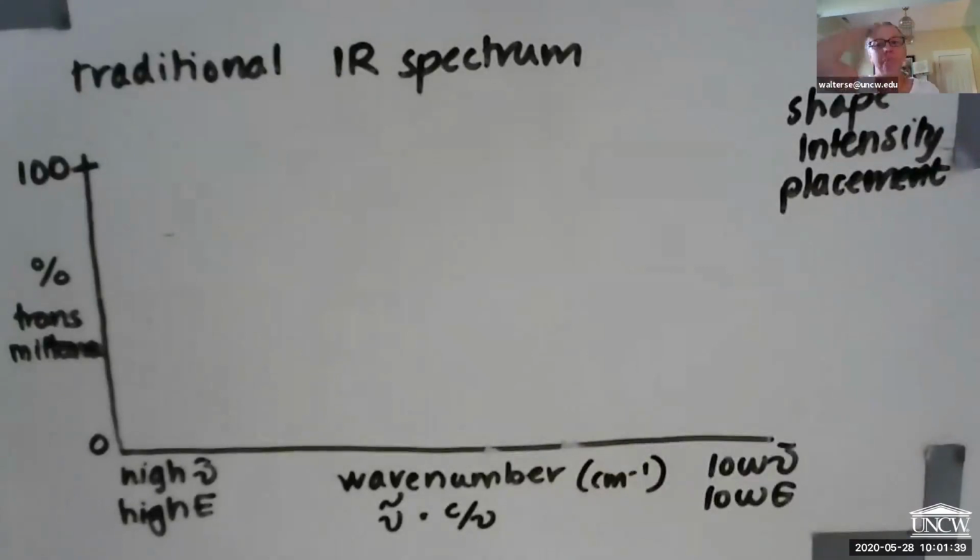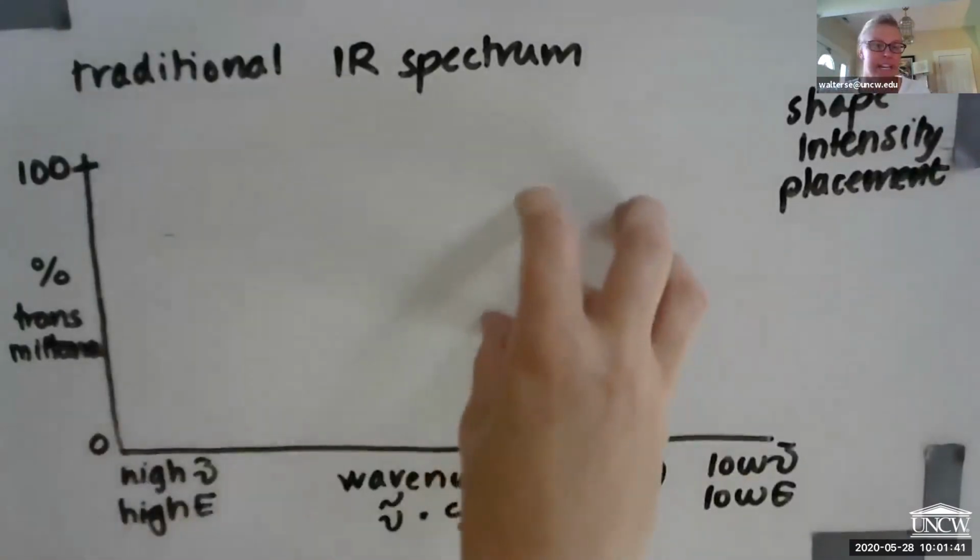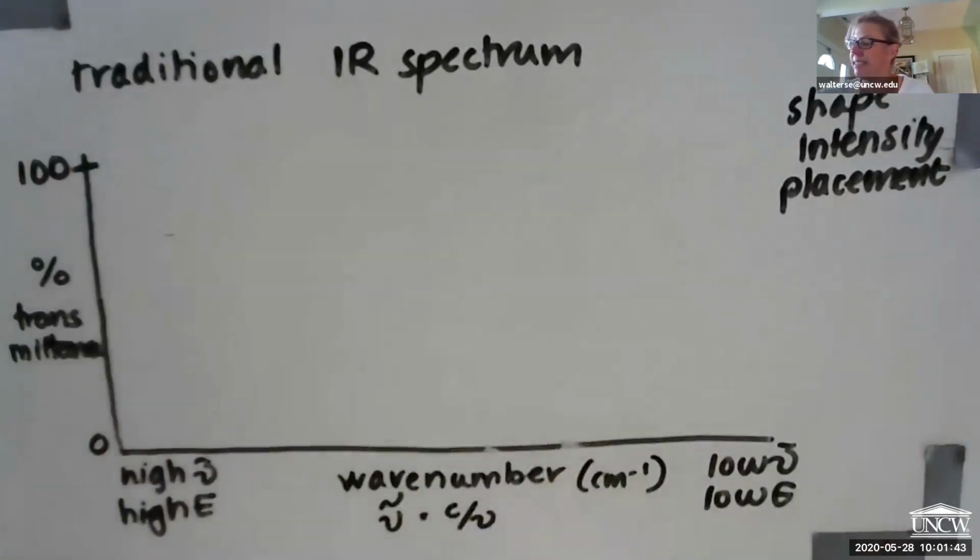Okay, so before we draw anything on here, there are some places for the wave numbers that we have to mark. Okay, so high frequency, the highest energy is 4,000 wave numbers. They typically go down to about 400 wave numbers.